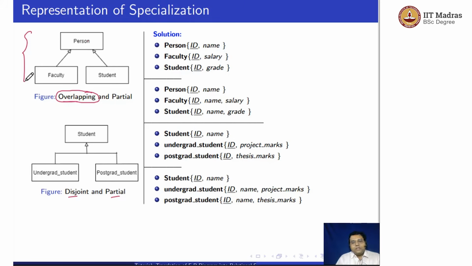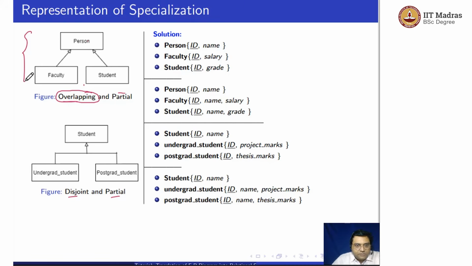Who sometimes teach, acting like a faculty, and sometimes they act like a student. They take the role of a student, right? So there can be some persons who are of both the types. They are also faculty type. They are also of student type. Okay. So there can be some entities which are of both the types. So that is overlapping.